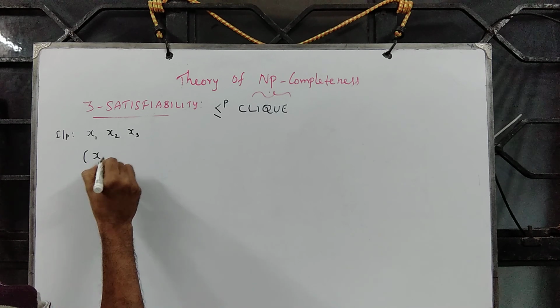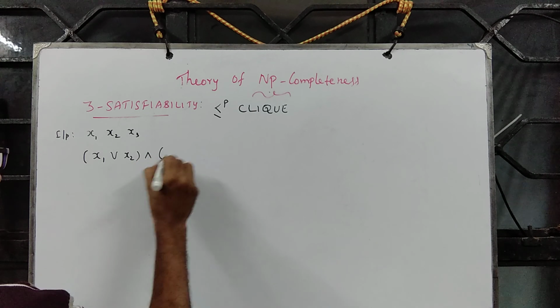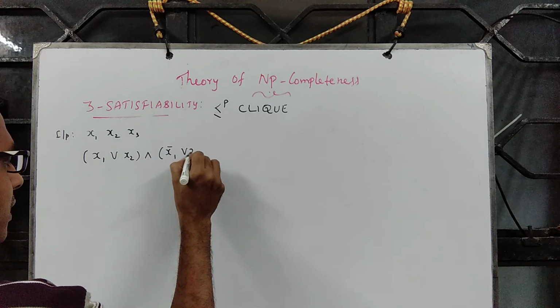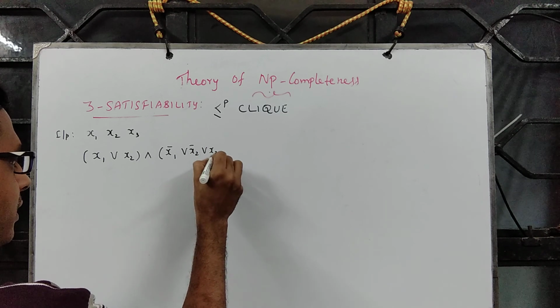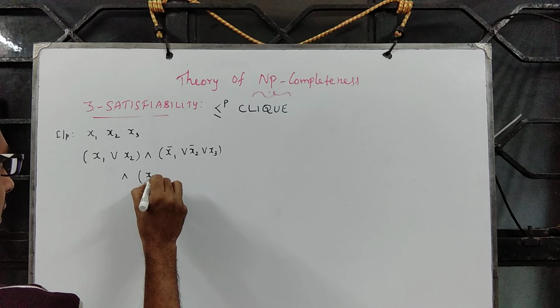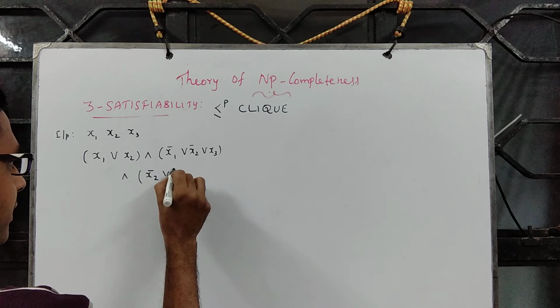Suppose the instance of satisfiability is something like this: x1 bar or x2 bar or x3, and x2 bar or x3 bar.